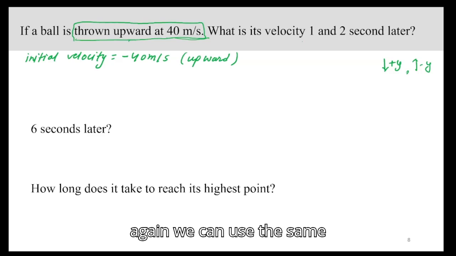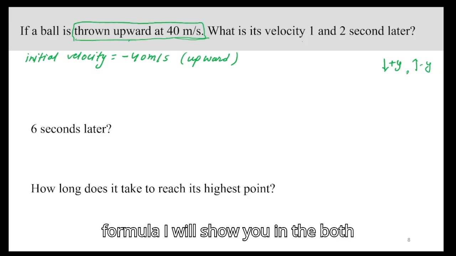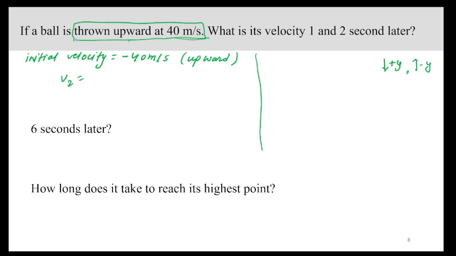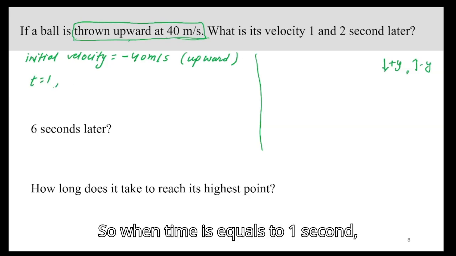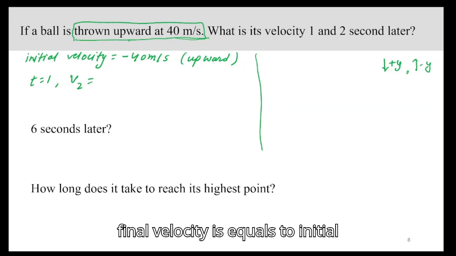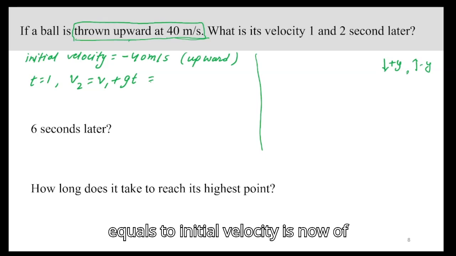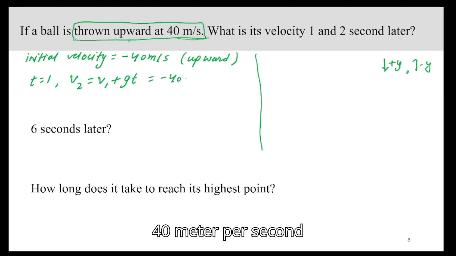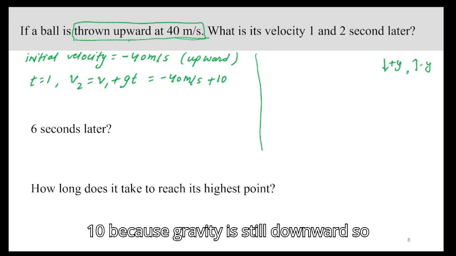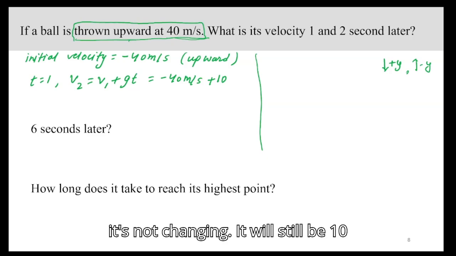Now again we can use the same formula. I will show you in both methods. After 1 second, so when time is equal to 1 second, final velocity equals initial velocity plus gt. Initial velocity is now minus 40 meter per second plus g is 10, because gravity is still downward, so it's not changing.